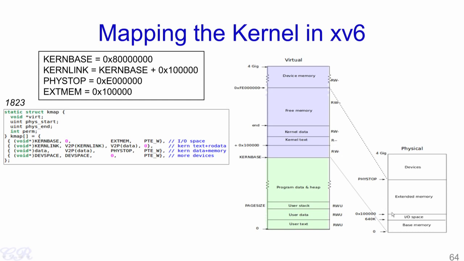So, it is at the start of the extended memory that the kernel code and read only data are contained in physical RAM. Then we have a region known as the data region, which gets mapped into the free memory part over here, and finally, you have the device space, which is above this particular location 0xFE000000.